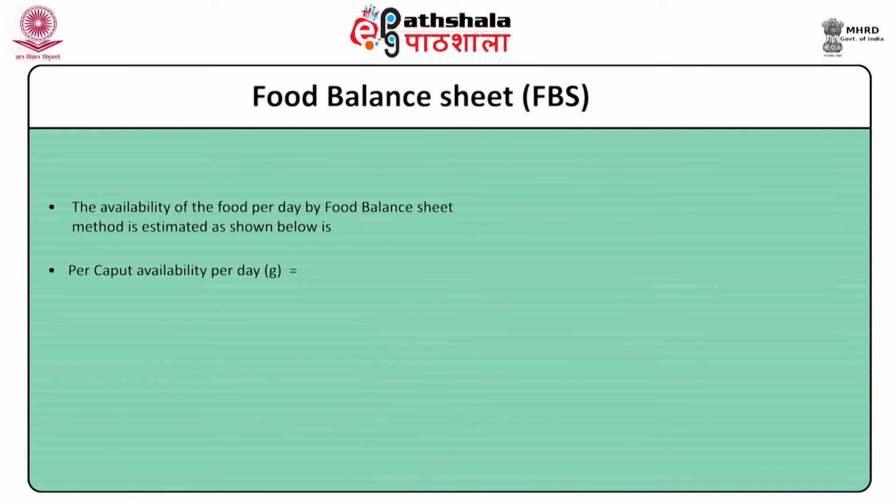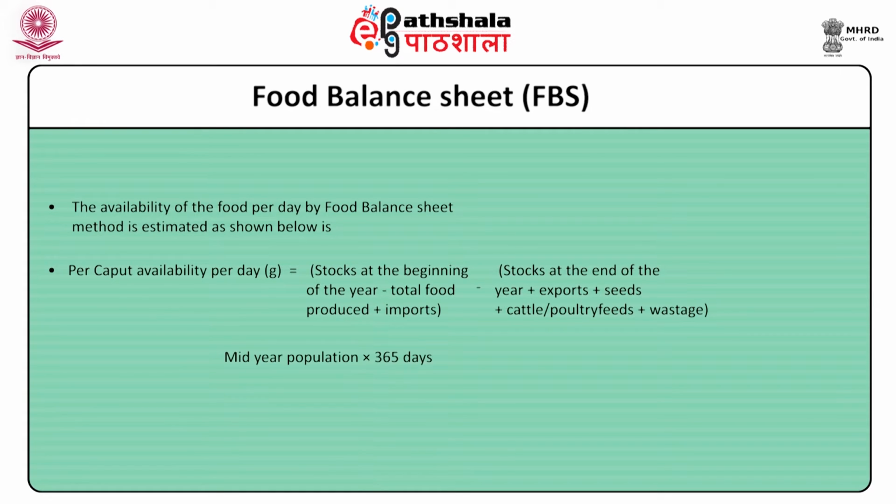A food balance sheet presents a comprehensive picture of the pattern of a country's food supply during a specified reference period. The food balance sheet shows for each food item the availability of each primary commodity for human consumption, which corresponds to the sources of supply and its utilization.